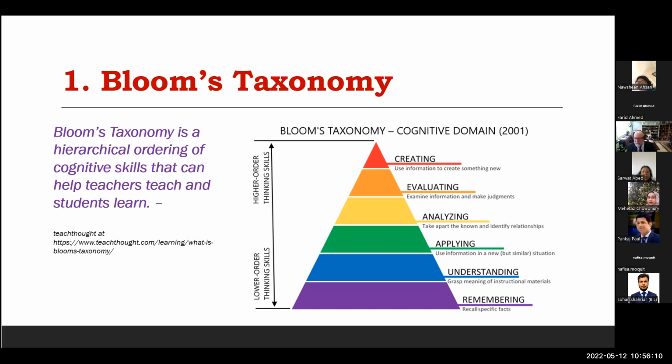So at these 2 points, yes, there is interaction, but basically the student is being passive. They're remembering, they're understanding. But then applying, analyzing, evaluating, creating, these are where they become involved, engaged, and they are called the higher order thinking skills, I think, because they are using those to do something, okay?